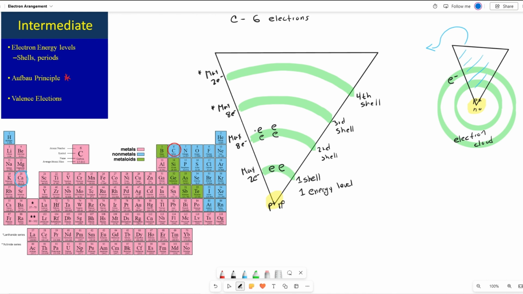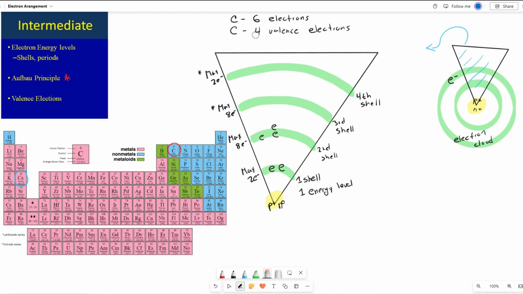So we would say carbon has 6 electrons. We would also say that carbon has 4 valence electrons. Six total, 4 electrons in the highest energy level.